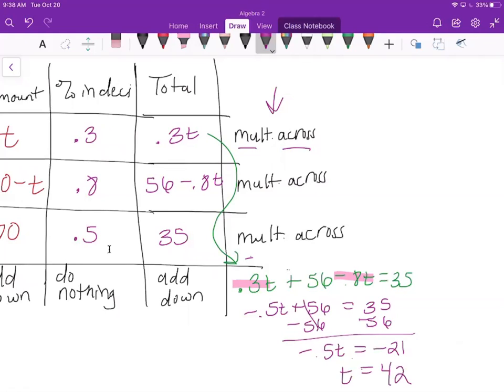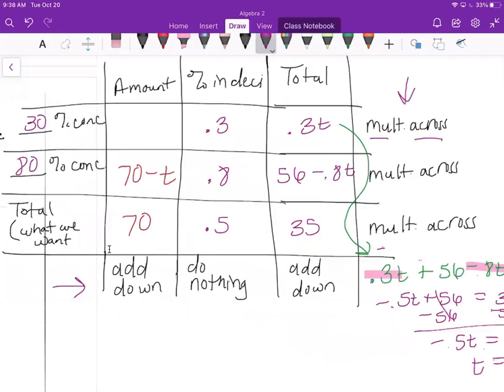All right, now that we've solved for T, the last step is just to go ahead and plug it in. So of the 30%, if T is the 30%, we said T was 42. So we need 42 liters of the 30% concentration.